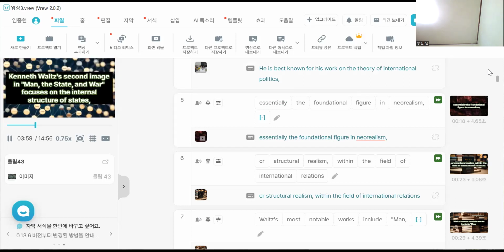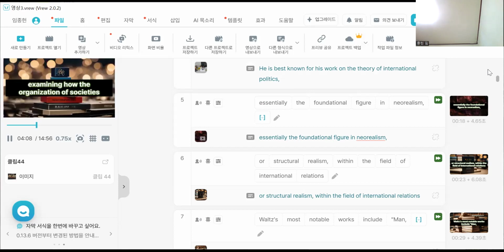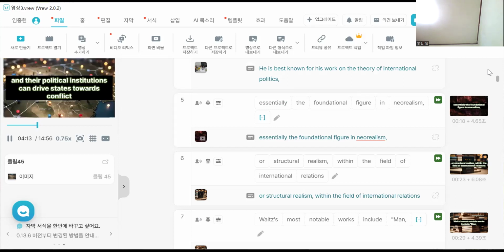Kenneth Waltz's second image in Man, the State, and War focuses on the internal structure of states, examining how the organization of societies and their political institutions can drive states towards conflict.